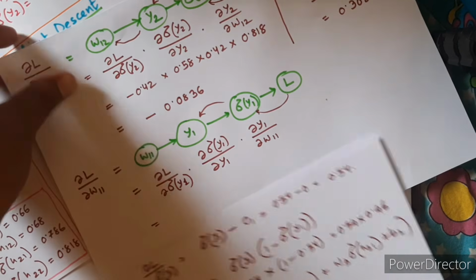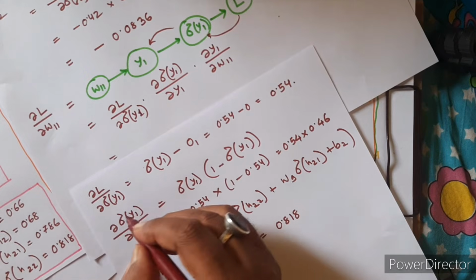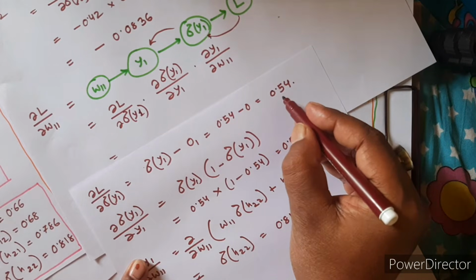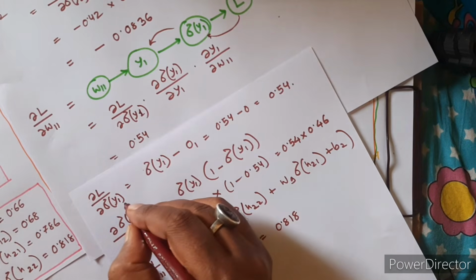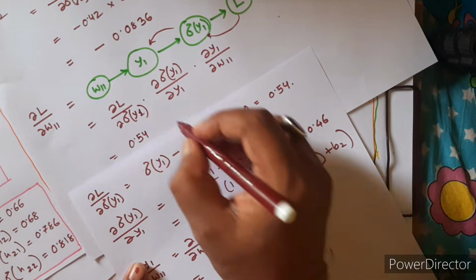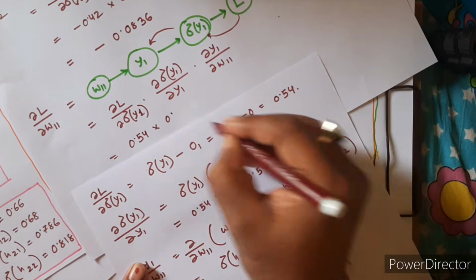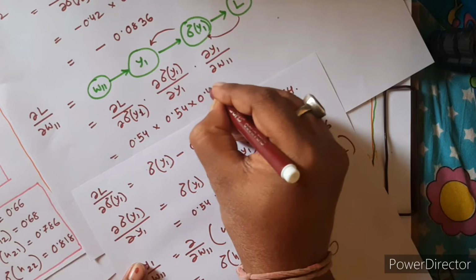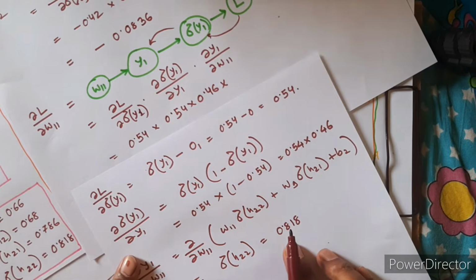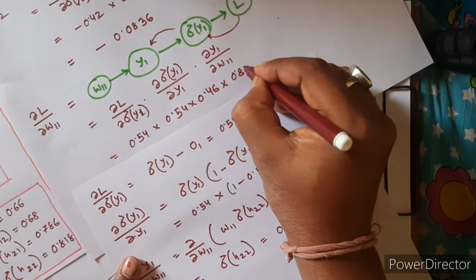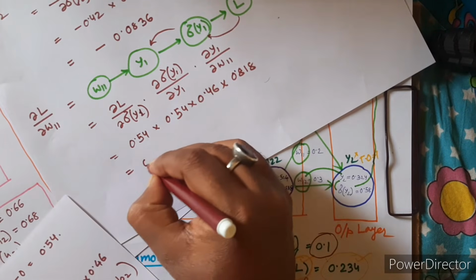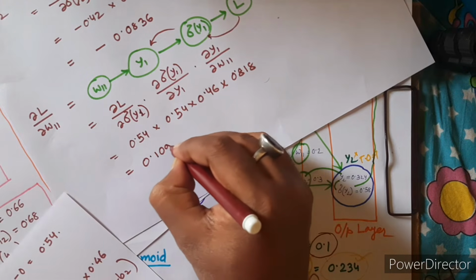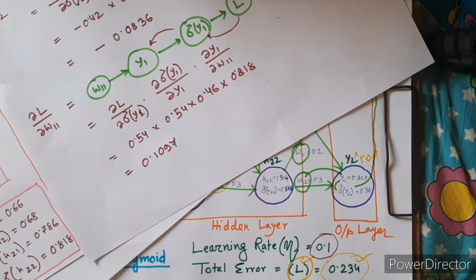So now the overall value will be 0.54 into 0.46 into 0.818. If you calculate, it will be 0.1097. So what will be the next value of W11?